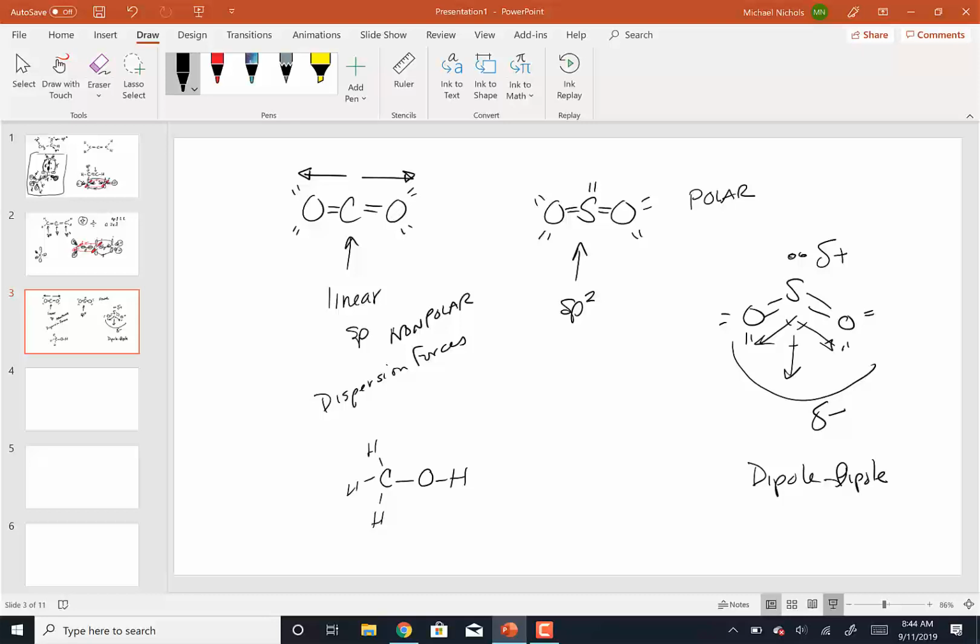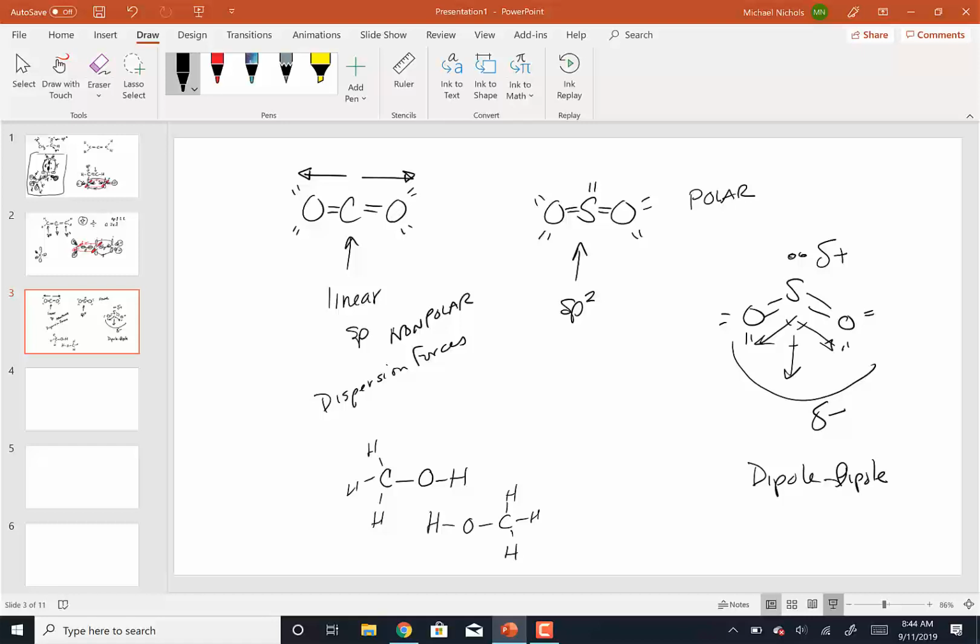Methanol is wood alcohol, it's CH3OH. If I have two of those, how can I hydrogen bond the methanol molecules? Well, I could hydrogen bond them like this.